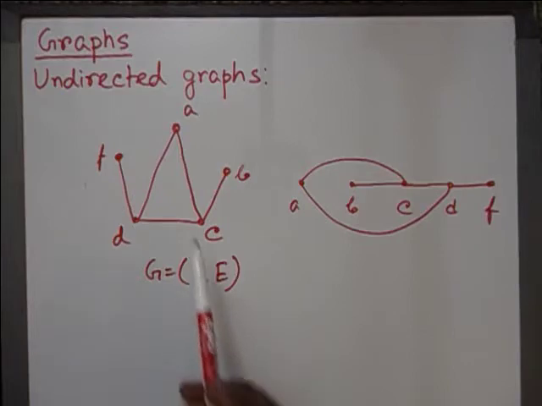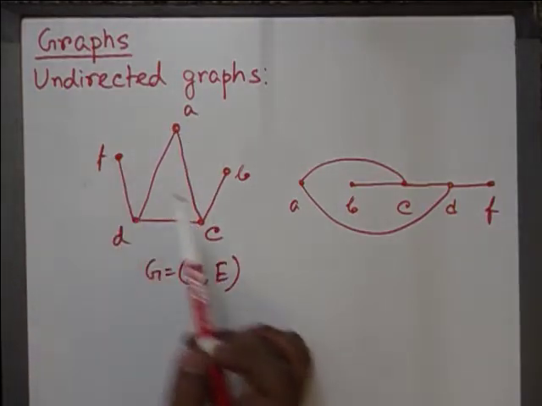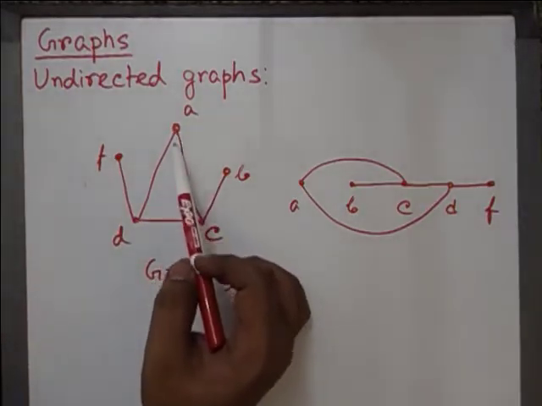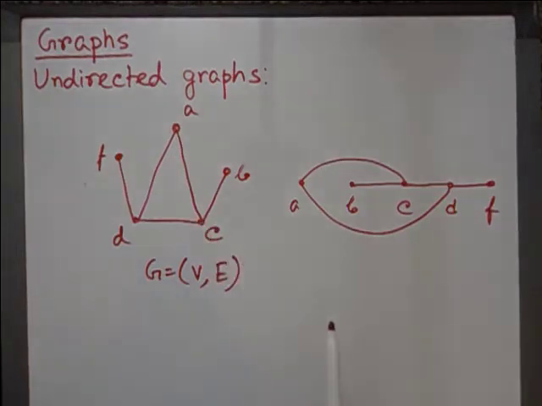World Wide Web. So these vertices are web pages, and if there is a hyperlink, you can use the edge to represent it. So you see there are many different problems in real world where we use graph theory or graphs to represent the underlying mathematical model. So that's why they are very useful.